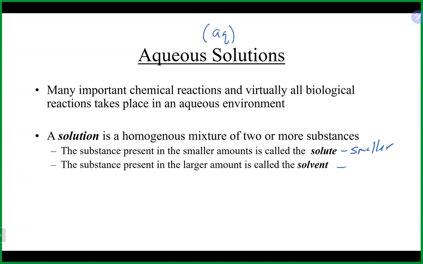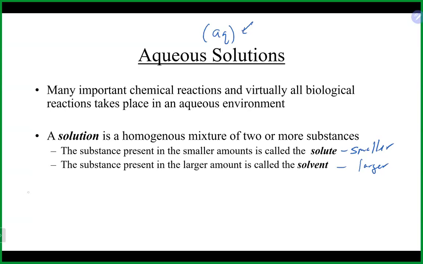And you do need both of those things to make up an actual solution. So the solute is typically the stuff that is dissolved in the larger part, which is the solvent. So when you make a solution that's a solid and you dissolve it in something like water, which is our solvent, it will make our solution, which is aqueous.